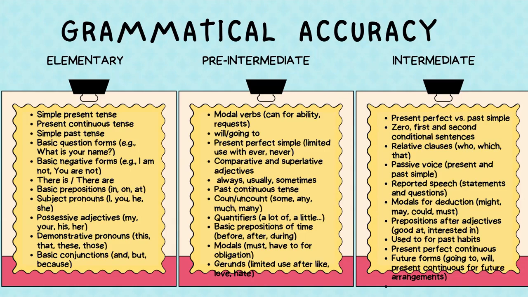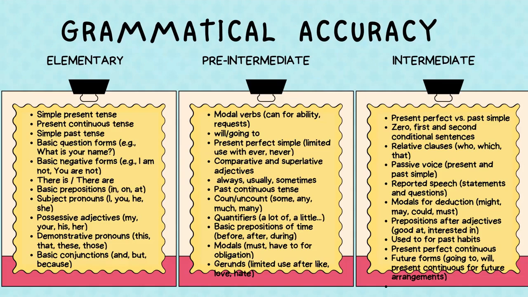They are supposed to differentiate between countable and uncountable nouns and use some quantifiers accordingly, like some, any, much, many. Using prepositions of time, modals of obligation, only must and have to, and very limited use of gerunds after like, love, and hate.